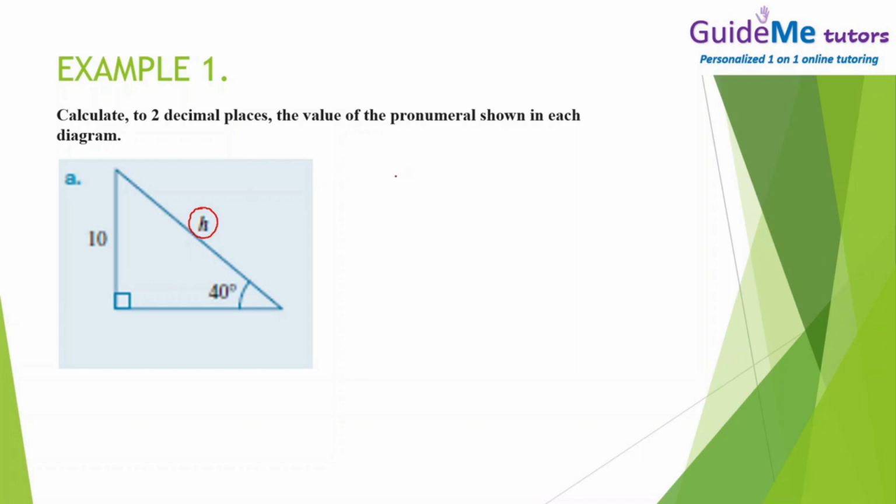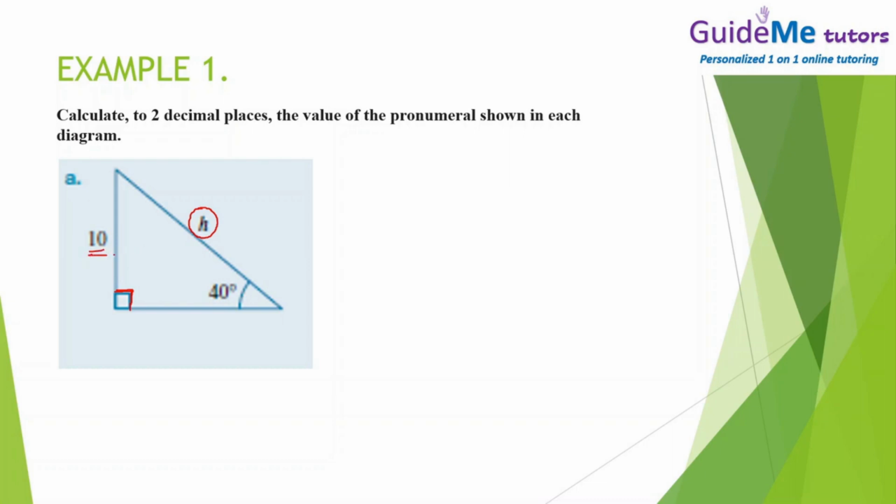So how can we do that? An angle of 40 degrees is provided to us, and by seeing the right angle here, it is a right angle triangle. The opposite side of 40 degrees is 10.